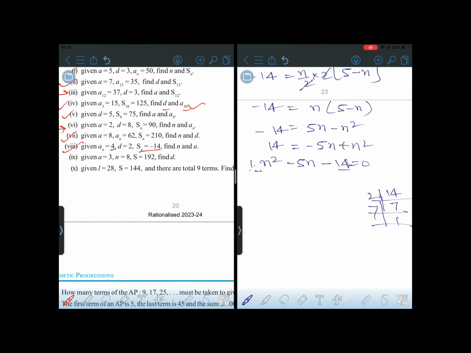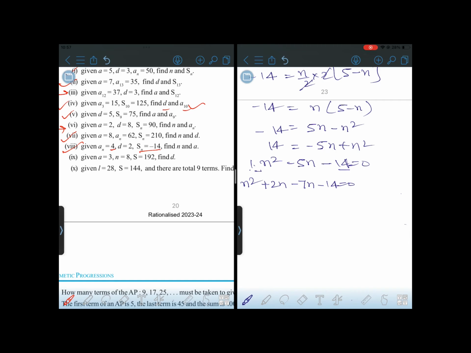Using 2 and 7, we can find the combination where we get the minus 5n. So that gives us n square plus 2n minus 7n minus 14 is equal to 0. Okay, let me rub this rough work so we have more space available.